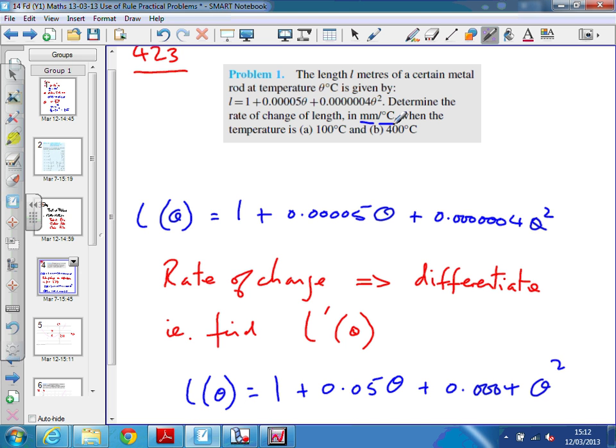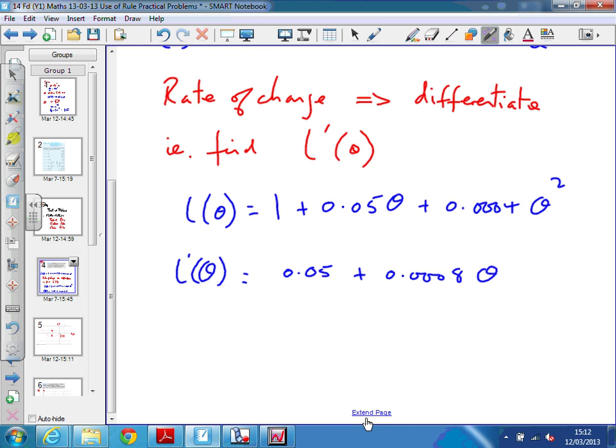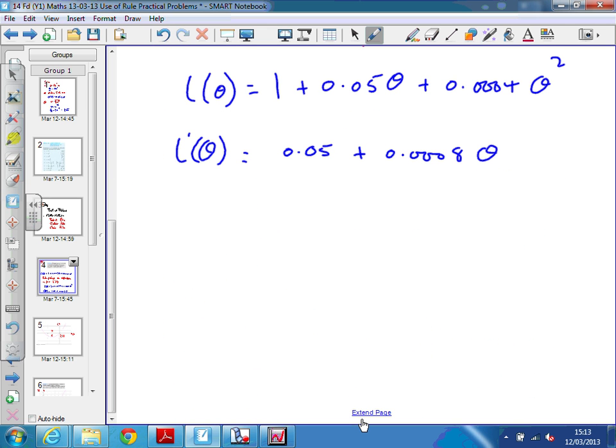So what is the rate of change of length when the temperature is 100 degrees centigrade? So for part A, we've now got our differential function. So the rate of change of length when the temperature is 100 degrees centigrade would be how we might write it. That's our differential function, L prime, when theta equals 100.